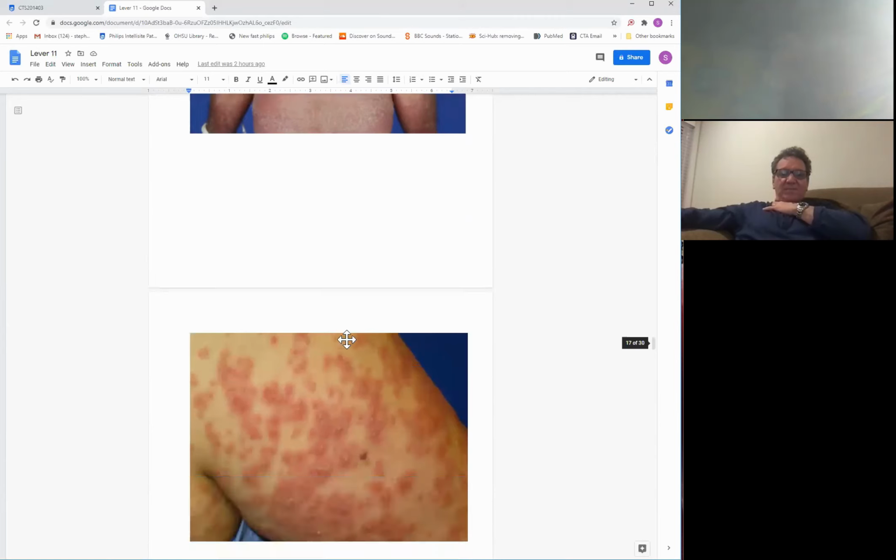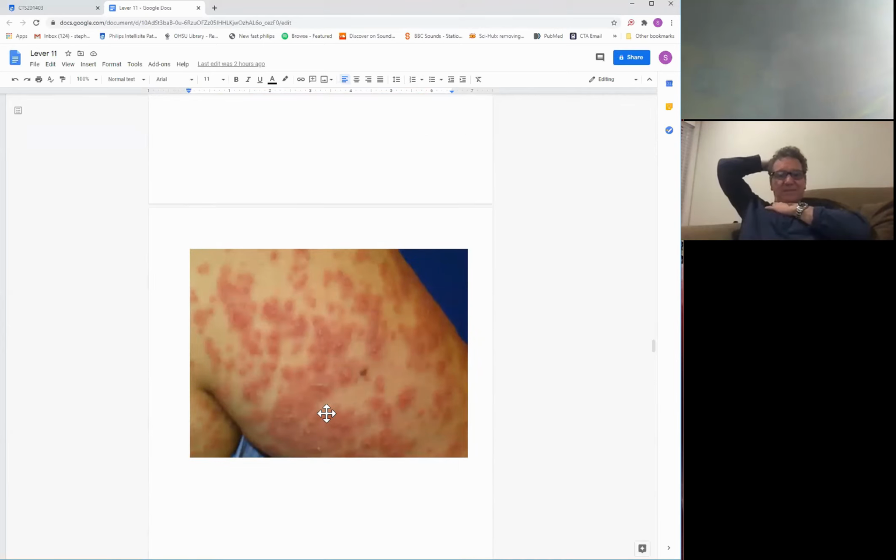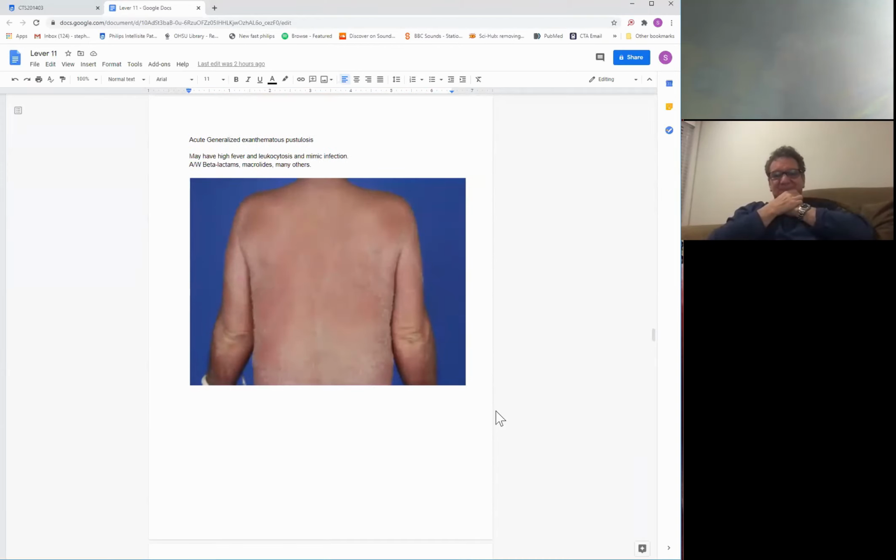Here's that plus the pustulosis part. So we've got little white raised areas corresponding to intraepidermal pus, neutrophils, and the acute part may come with a high fever and leukocytosis, so it could mimic infection.